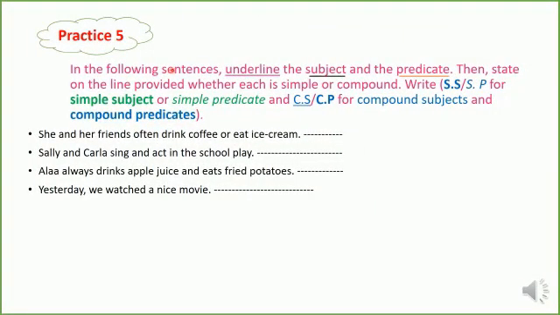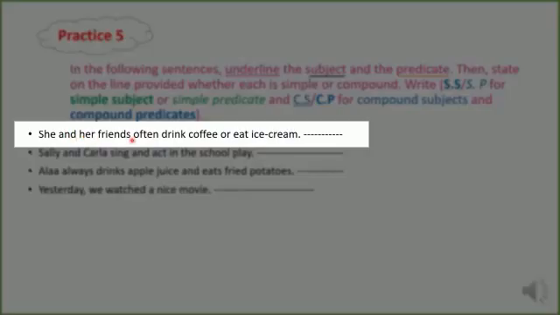Practice 5. In the following sentences, underline the subject and the predicate, then state on the line provided whether each is simple or compound. Write SS if it is simple subject, SP for simple predicate, CS for compound subject, and CP for compound predicate. Number 1, she and her friends often drink coffee or eat ice cream.